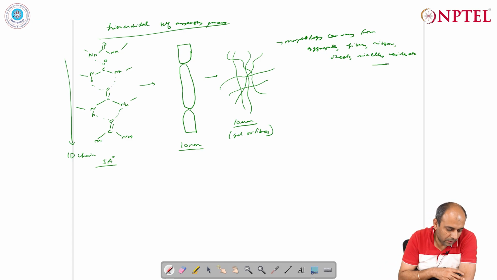And there are other ways also by which these can actually self assemble with each other. For example, this is one particular type of aggregation which I have talked about.